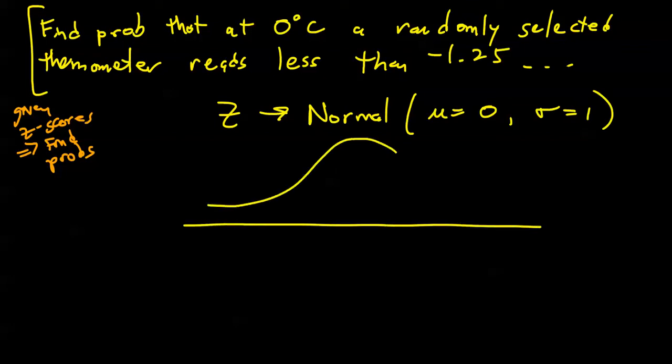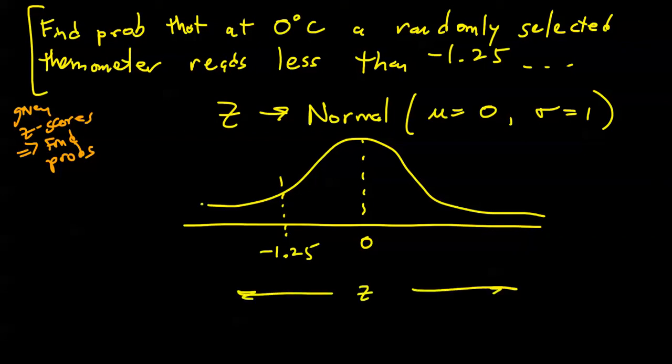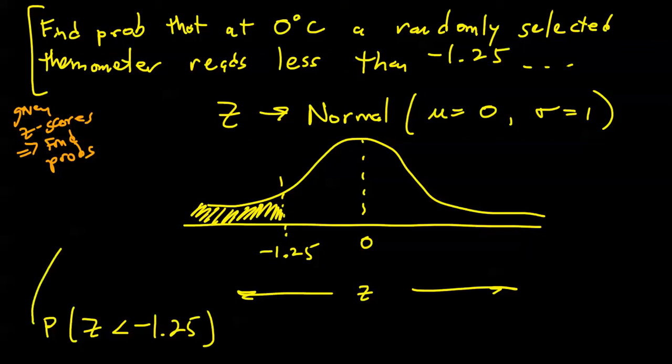If I want the probability that a randomly selected thermometer reads less than minus 1.25, I seek the area under the standard normal curve below z equals minus 1.25. So let me write down what I seek, the probability that z is less than minus 1.25. This quantity is this shaded in area under the standard normal curve.